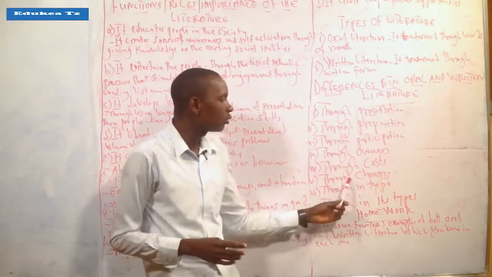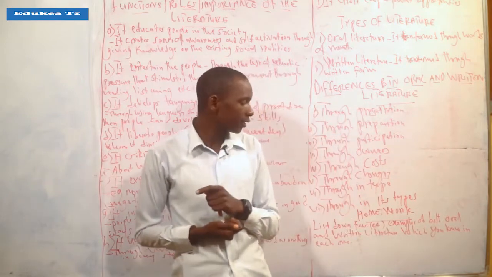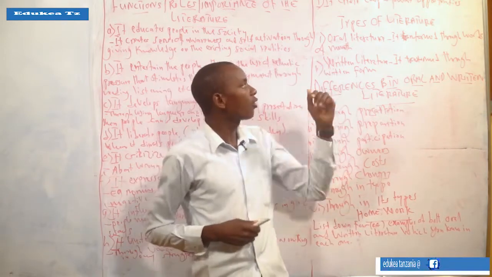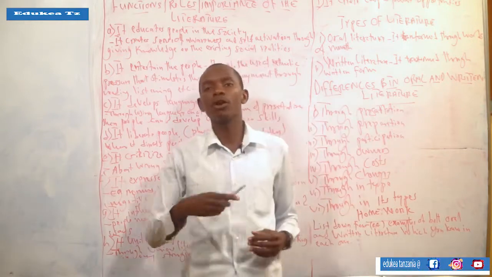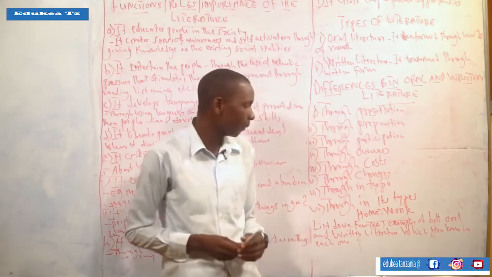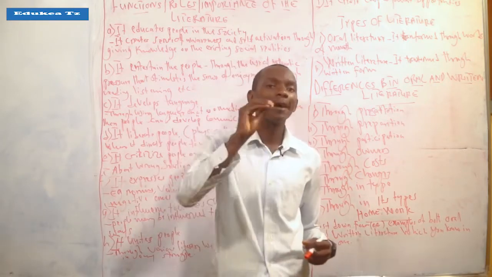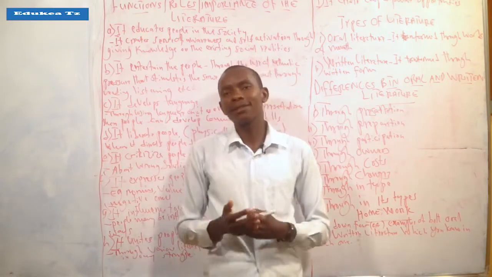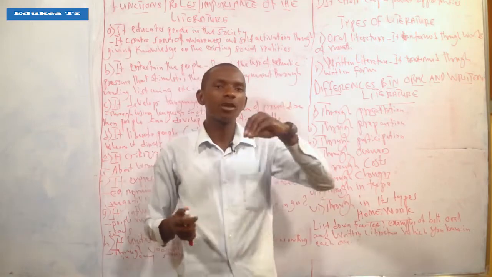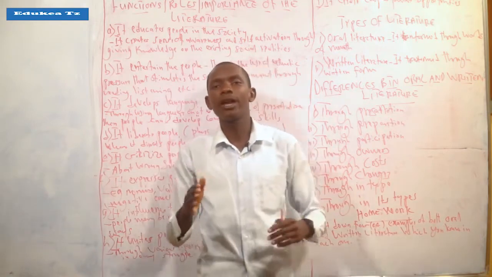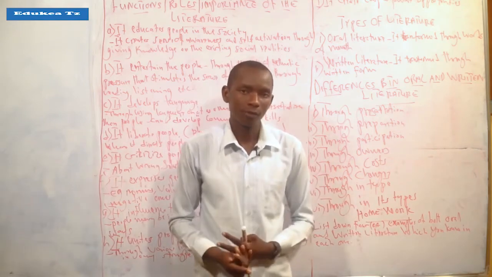Also, another one is changes. Oral literature, which is delivered to the audience through word of mouth, allows a person delivering it to make changes and correct mistakes which have occurred.